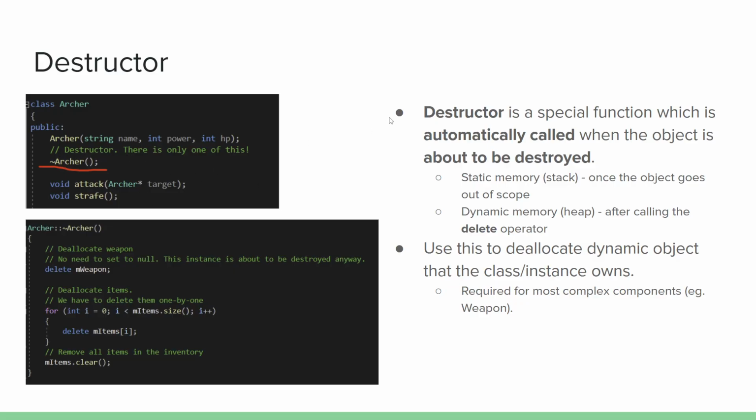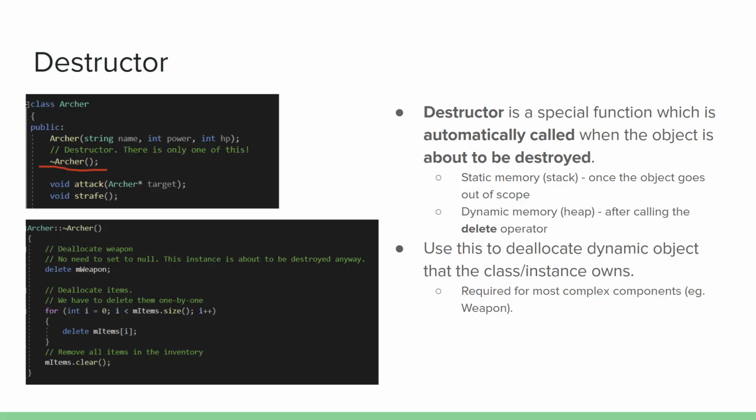So what this does is a destructor is automatically called when the object is about to be destroyed or deleted. So this way you don't have to manually call a function like delete instances from the archer, no. This way automatic siya.